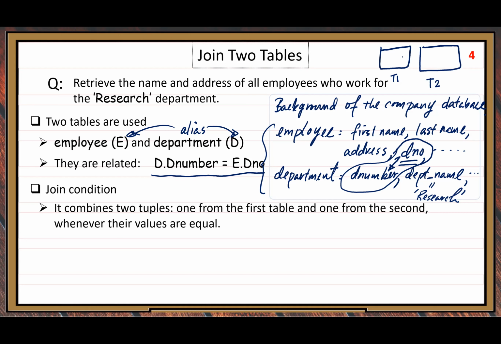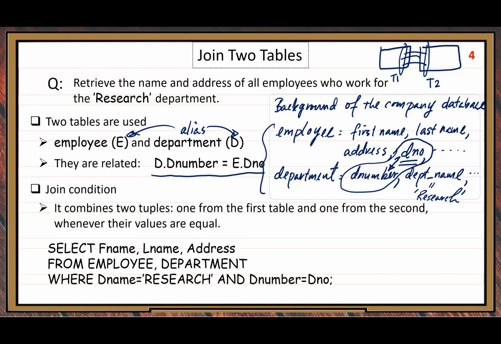You need to join them, one from table 1 and one from table 2. Visually, it's like this. Later we will see some rigorous discussion. We use some mathematical set theory to describe the table join operation, so we can understand better.